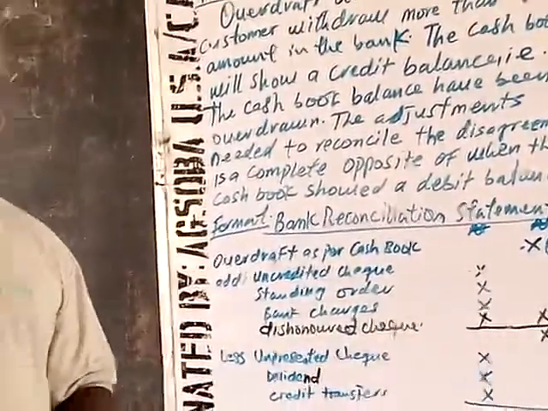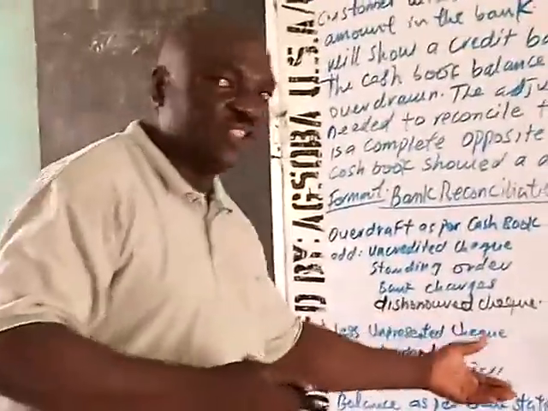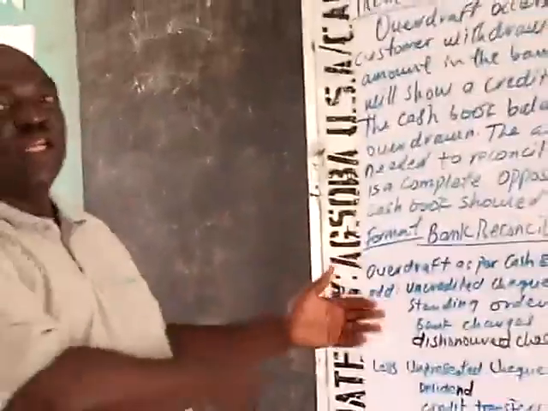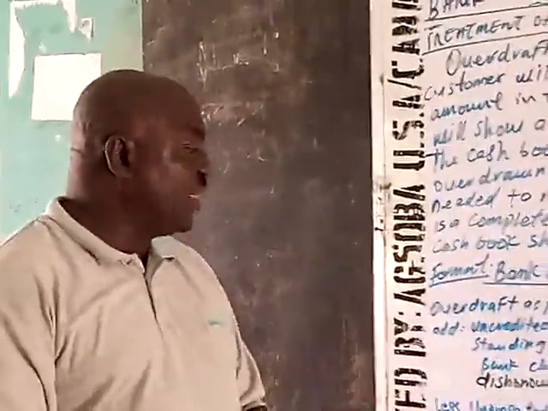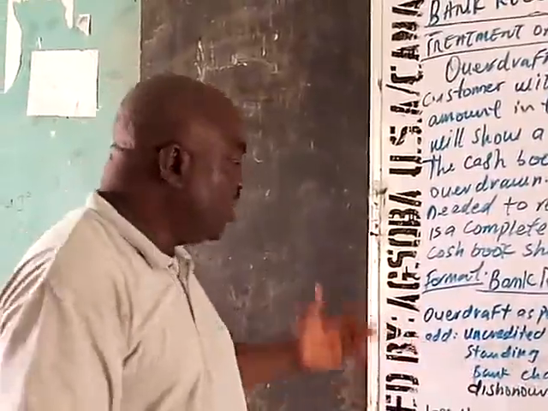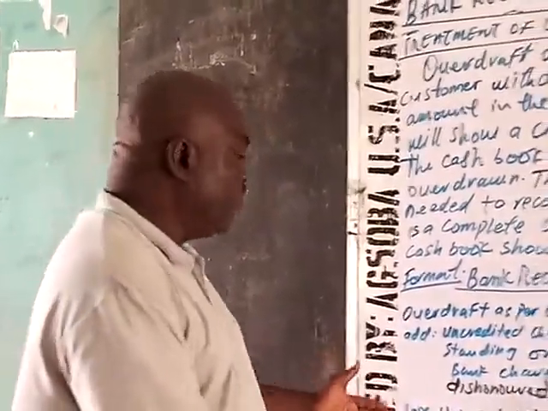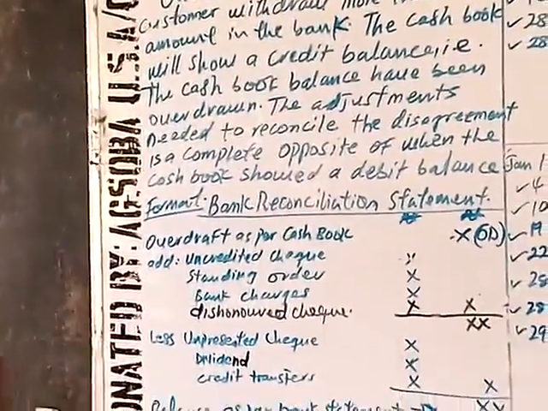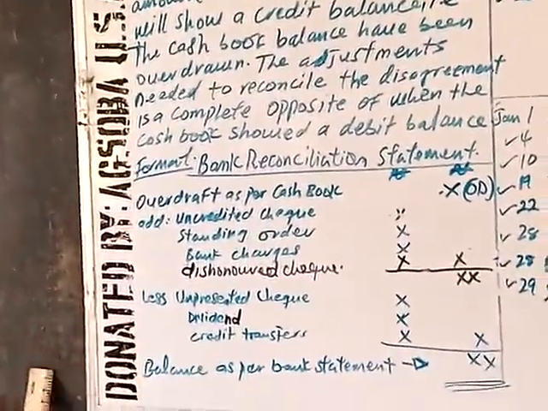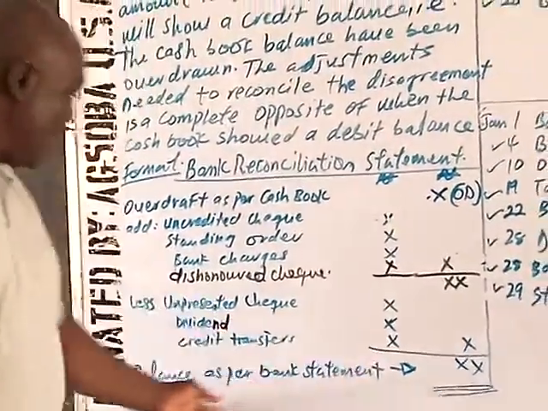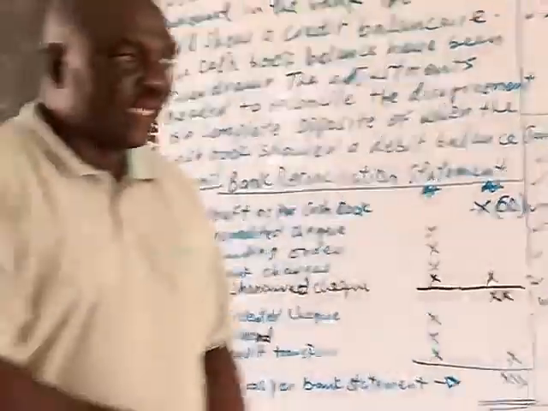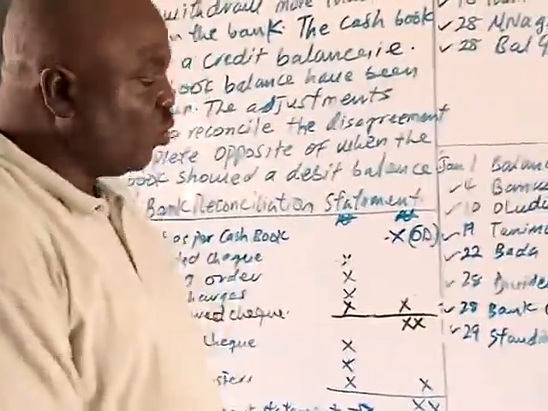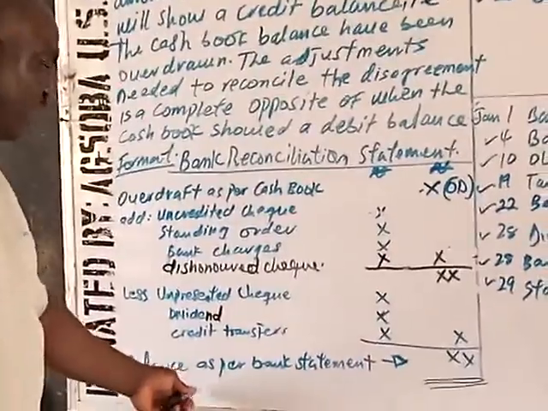The principle for last week was that we added the unpresented check, but this time around we are going to add the unpresented check, the standing order, the bank charges, the additional check. Then you will less the uncredited check, the dividend, the credit transfer, and what you arrive at is the balance as per bank statement. I repeat, what we are going to arrive at is the balance as per bank statement.